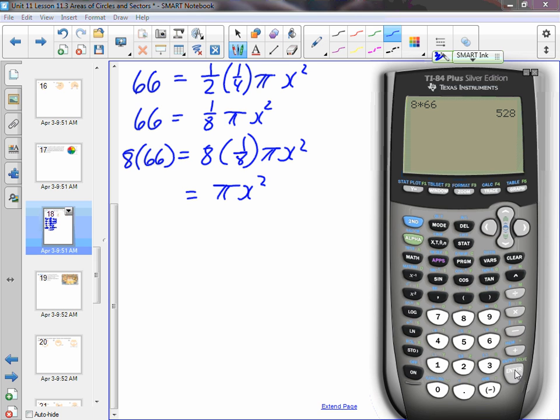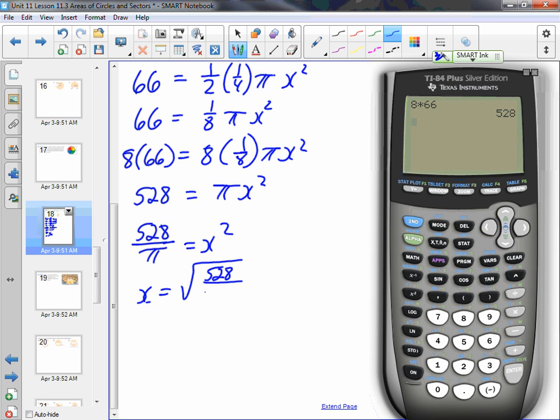So 528. What do I do next to get x by itself? Divide by pi. So 528 divided by pi equals x squared. And what's the last thing I do to get x by itself? So x equals the square root of 528 divided by pi.